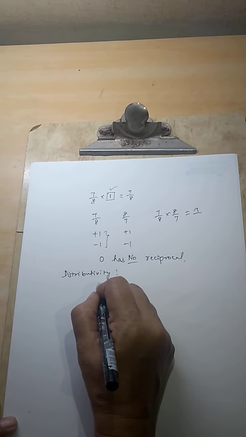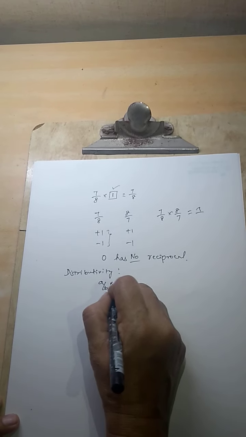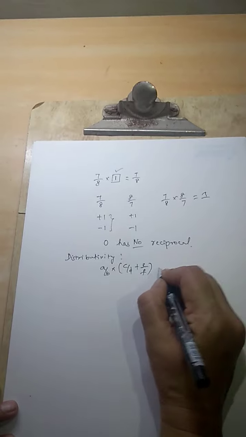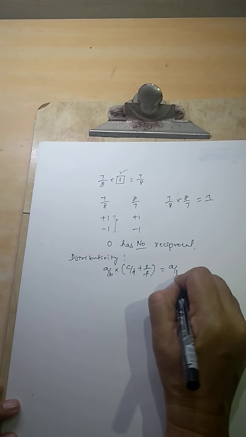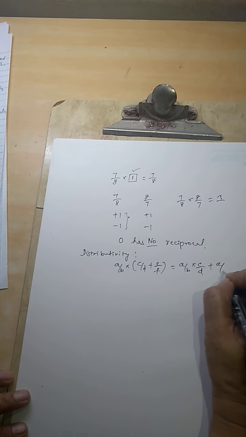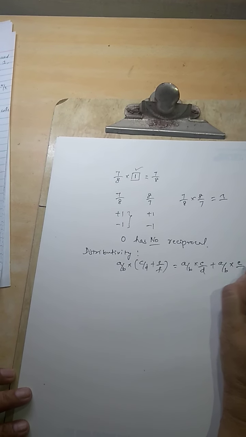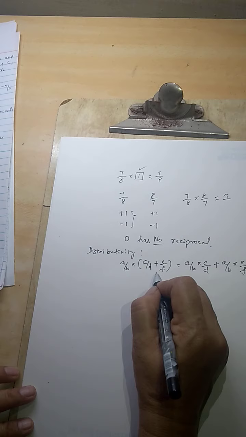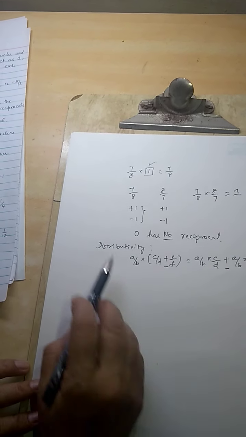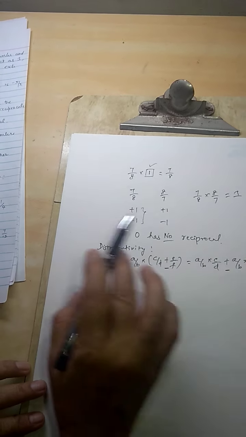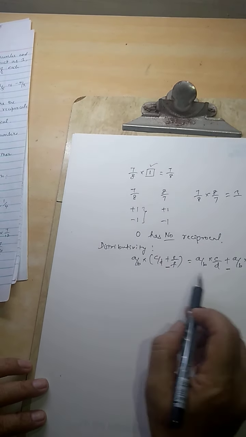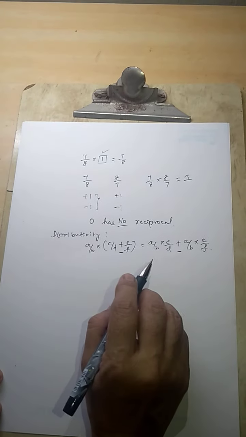So the law goes like this: A by B into (C by D plus E by F) is the same as A by B into C by D plus A by B into E by F. Supposing I have a negative sign over here, I will have a negative sign over here. So the first one is the distributive property of multiplication over addition, and the second one is the distributive property of multiplication over subtraction.